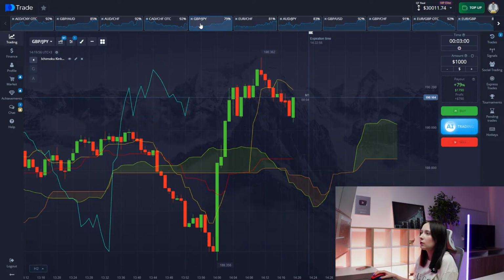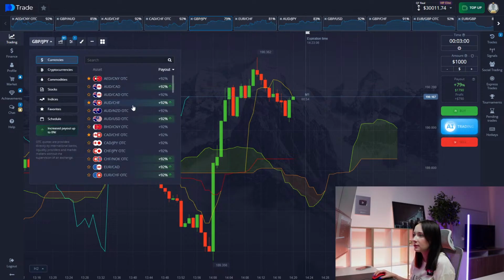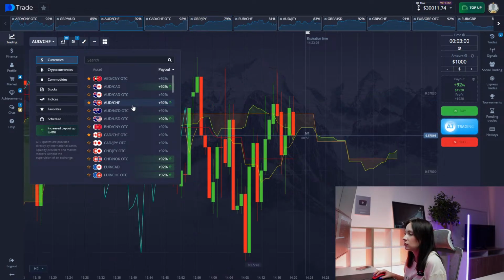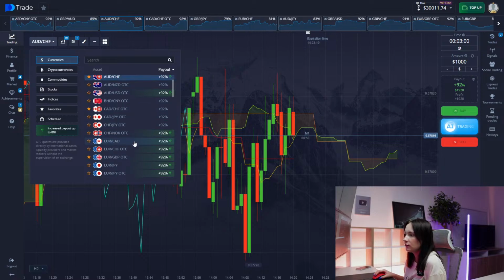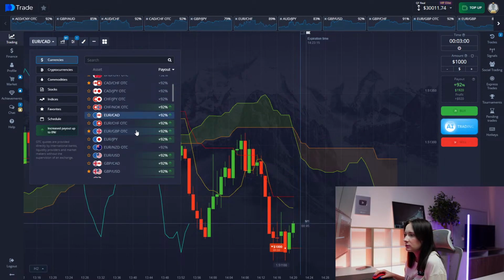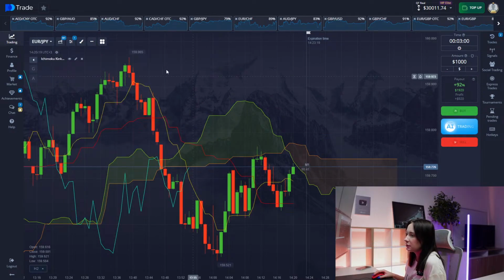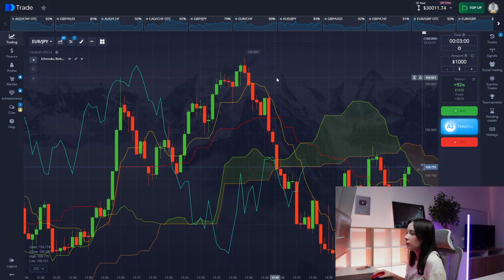But while we are waiting, I'm wanting to actually find another currency pair that will be more convenient within this strategy. So I'm looking, and of course, by the way, really wanting to point out, when you work within the Ichimoku strategy, do not open a trade within the cloud.